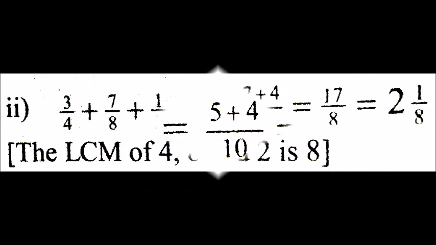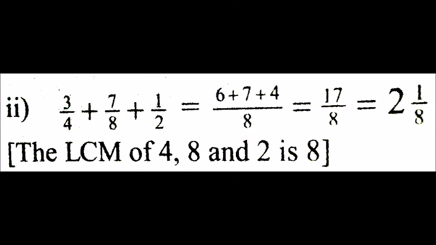Let's look at the second solution. 3 over 4 plus 7 over 8 plus 1 over 2. The LCM of 4, 8, and 2 is 8. Then 4 will go into 8 2 times. 2 times 3 is 6. 8 goes into 8 1 time, 1 times 7 is 7.